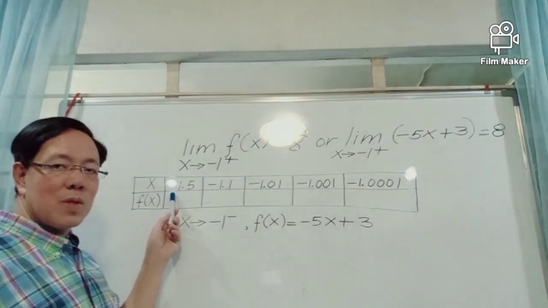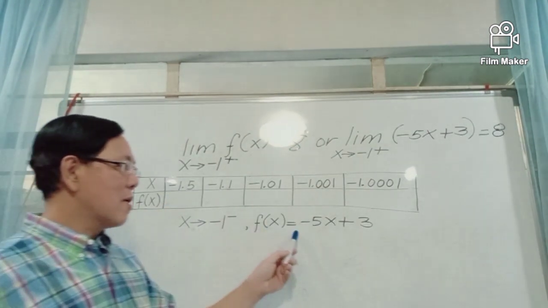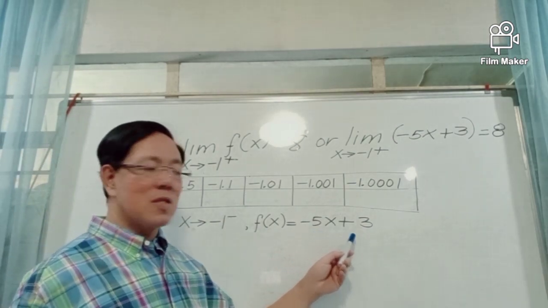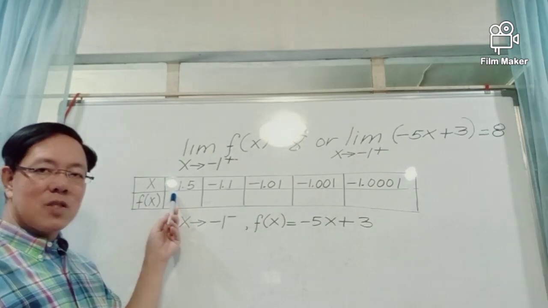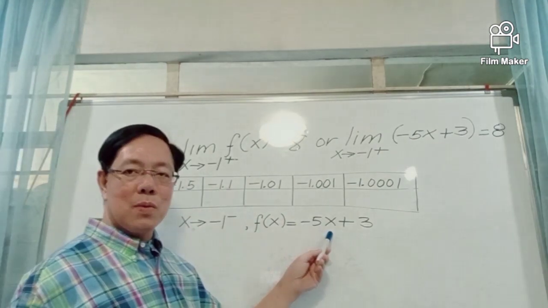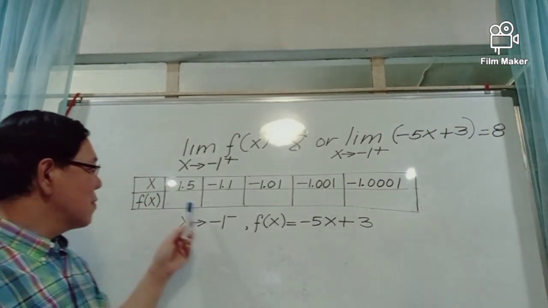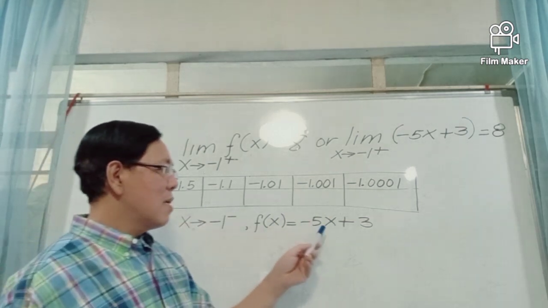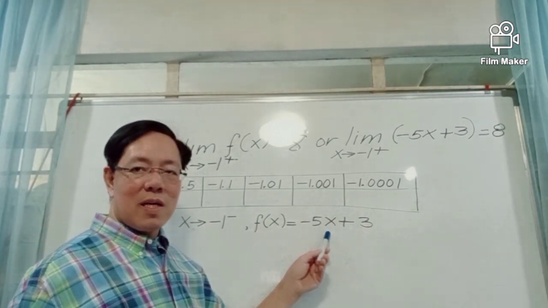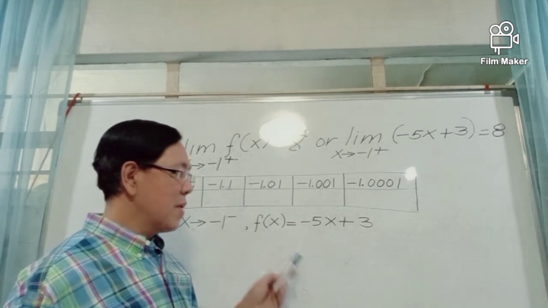For each value of x, we find the value of the function f of x equals negative 5x plus 3 by substituting each value of x into this function. We start with x equals negative 1.5. Replace x with negative 1.5 to find the value of the function f.